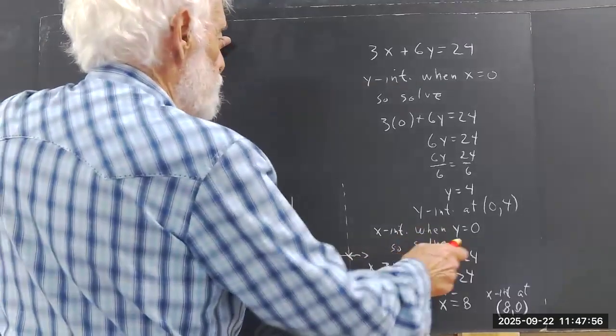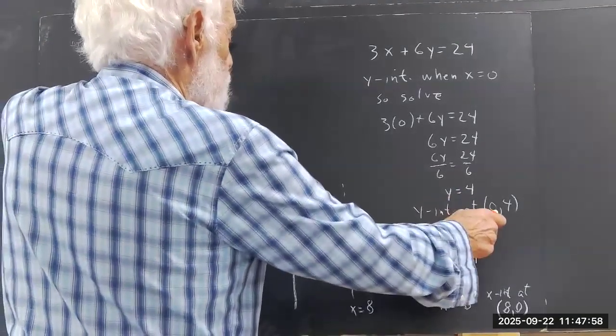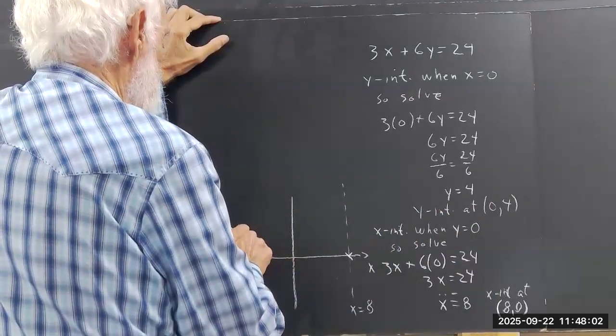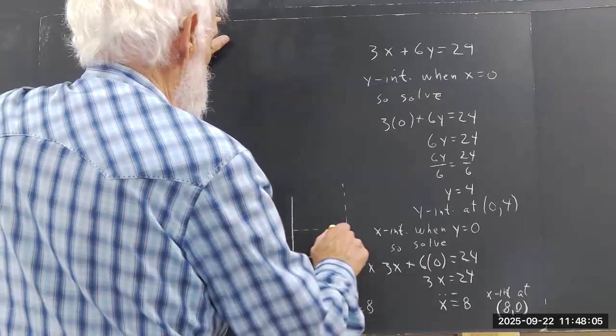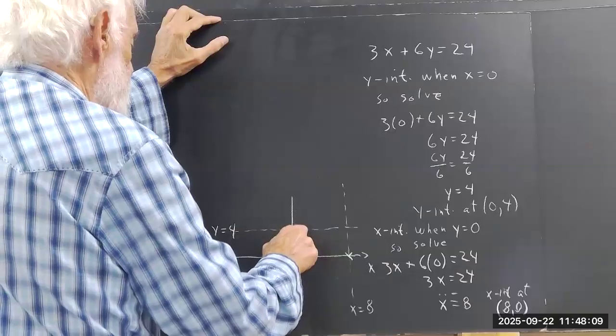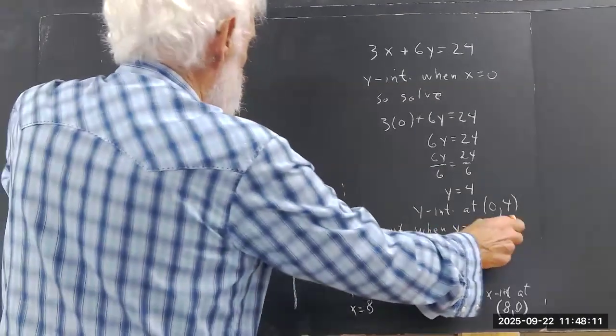And then when y equals 4 and x equals 0, right there is the point 0, 4.